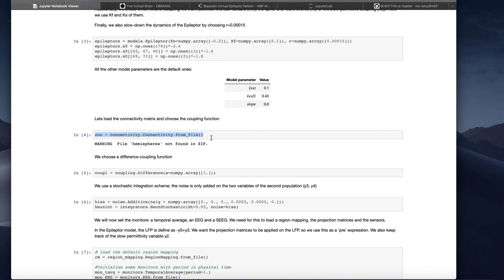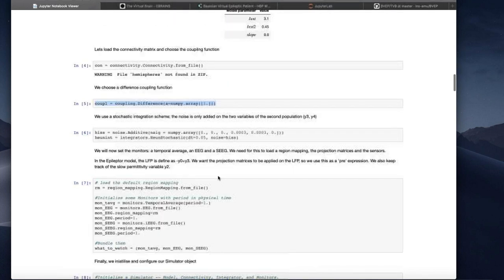Then you have to define the structure of your brain. So the structural connectivity is important here. And then you define the interaction through the coupling functions.